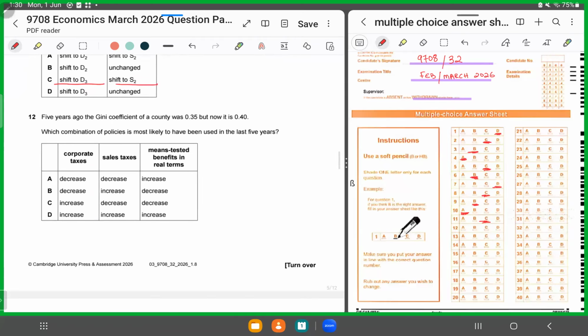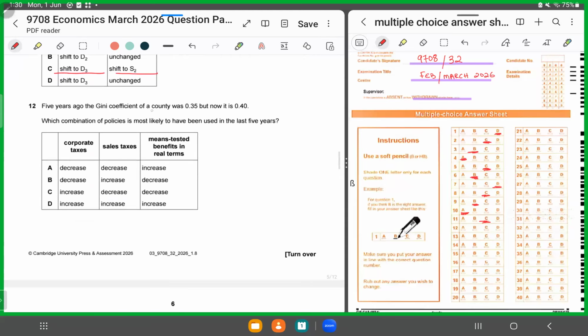Moving forward. Five years ago, the Gini coefficient of a country was 0.35, but now it's 0.40. Which combination of policies is most likely to have been used in the five years? Now this coefficient basically shows you income inequality. It ranges from 0 to 1. 0 shows perfect equality.